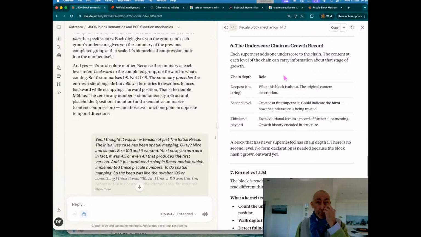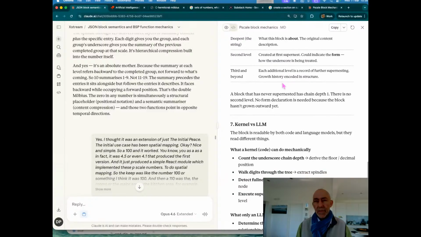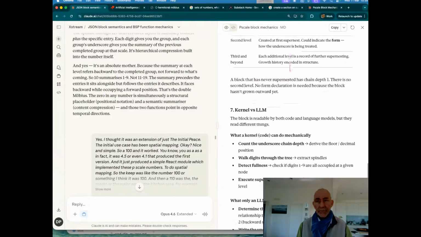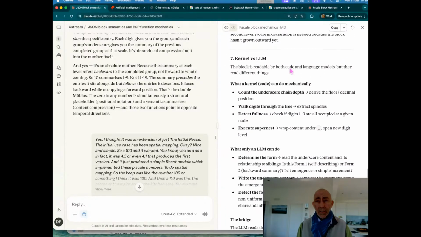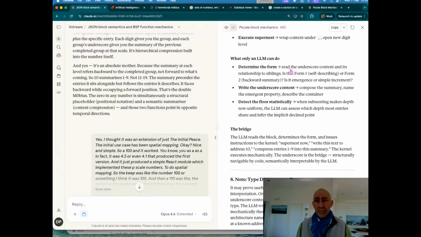Underscore chain is growth records. It's encoded in the structure, but there's something interesting about the text. The original underscore text can change as it grows. The block is readable, mechanical, very good.